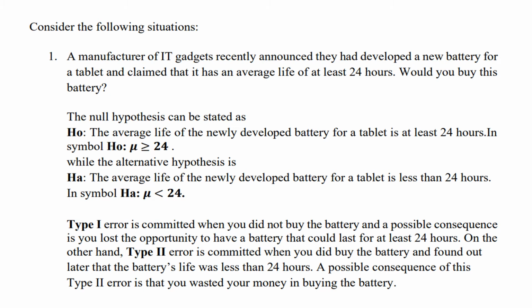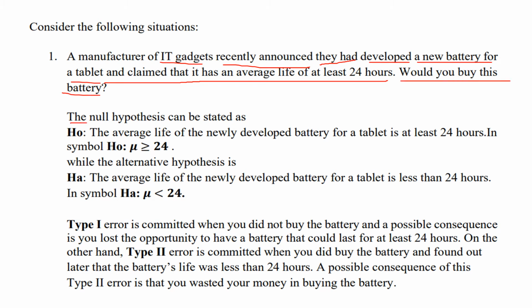So consider the following situations. A manufacturer of IT gadgets recently announced they had developed a new battery for a tablet and claimed that it has an average life of at least 24 hours. Would you buy this battery?